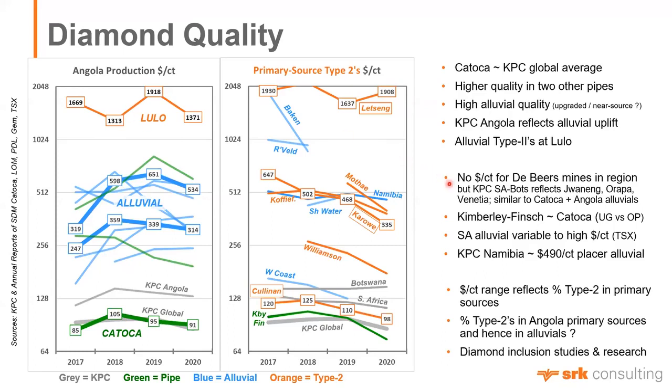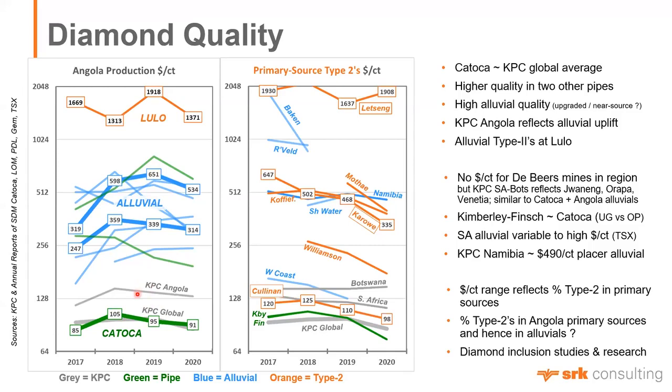So the question is, where is all the orange in the rest of the Angola profile that we see on the left here? We're expecting to see some orange in some of these sources over here. I think they have largely been unrecognized in Angola. There may well be, or in fact, there have to be primary sources in Angola that also produce type 2 diamonds, and which then end up in the alluvials. We just haven't found them yet.